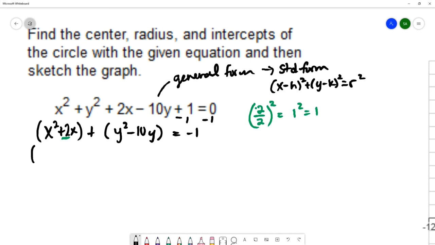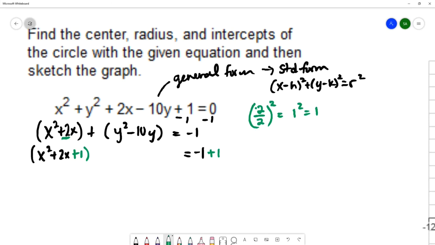So we're going to add that 1 to the x group, but we have to balance the equation. Whatever we do to one side of the equation, we have to do the same thing to the other side. So we're also going to add 1 to the other side.